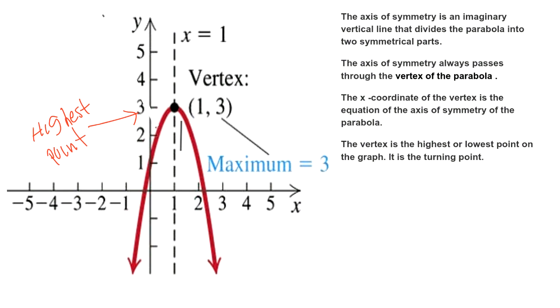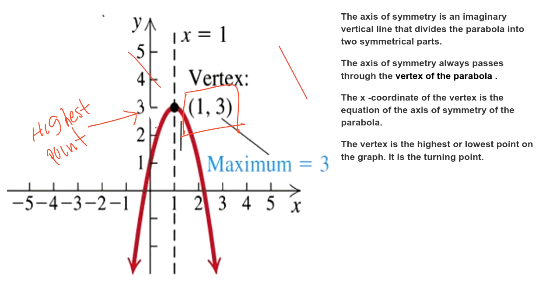And the vertex is 1, 3. And the vertex is the turning point. That's how we turn the parabola around and flip it, flip it like a chicken. So your vertex is 1, 3, and this is your highest point.